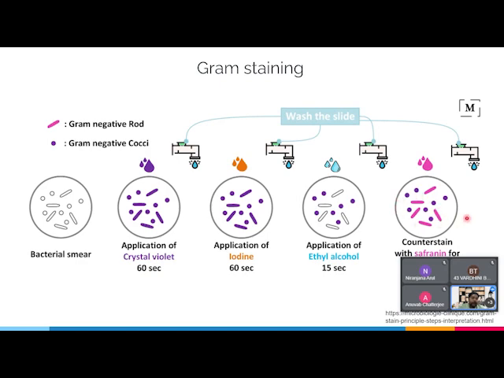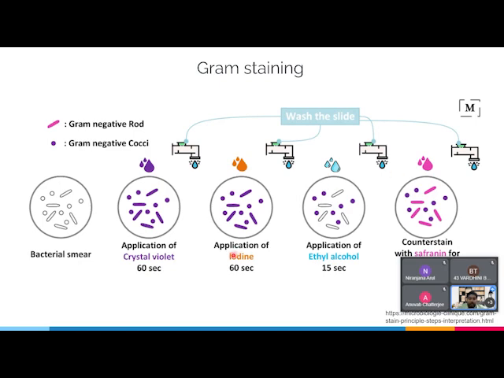When we finally wash the slide and view under the microscope, we will observe that the particular bacteria are now colored violet and particular ones are colored pink. This was the basis on which the bacteria were first classified as gram negative or gram positive. Gram negative bacteria have two different cell wall layers, whereas gram positive ones have only one cell wall layer. We will look into what exactly the cell wall consists of in the later slides.